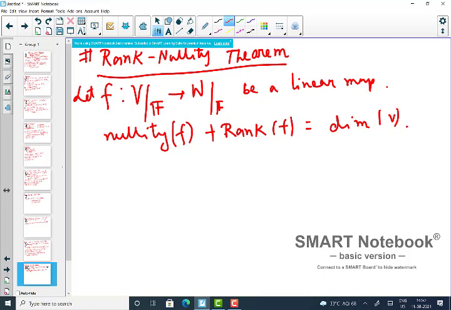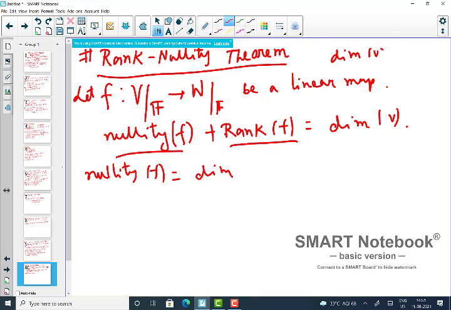Obviously, first we need to understand the meaning of rank and nullity, so let me define them. What is the nullity? The nullity of f is nothing but the dimension of the kernel of f. Because kernel of f is also a vector space, it has a dimension. I'm assuming a finite dimensional vector space first, that dimension of V is finite.